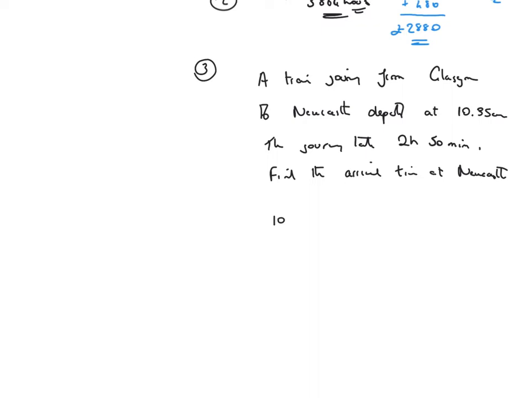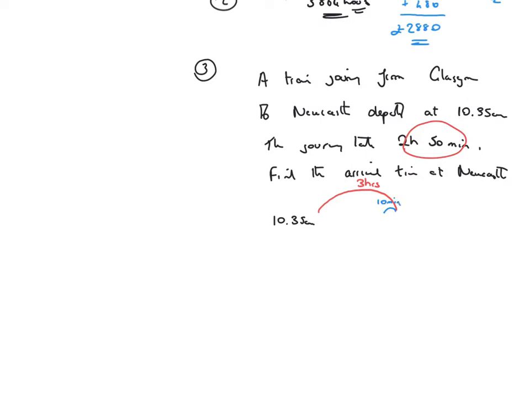Okay, so 10:35 a.m. If we think about 2 hours 50 minutes, that's almost exactly 3 hours, but not quite. So what we could do is jump on 3 hours and then jump back 10 minutes.